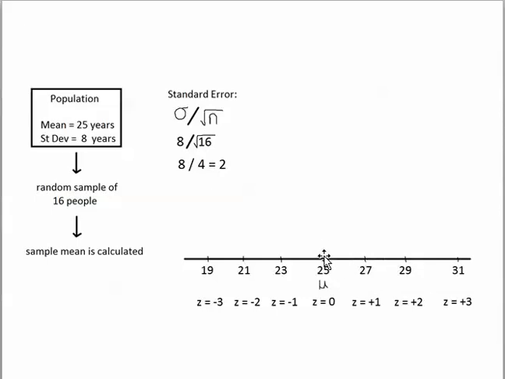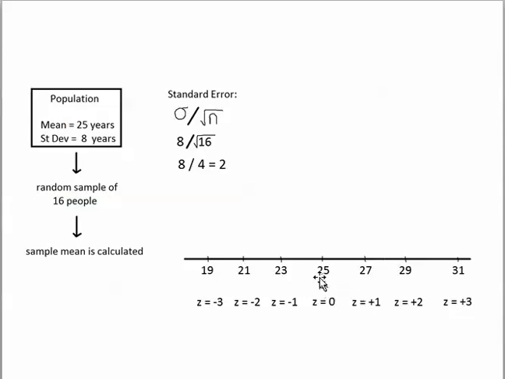If you start at the population mean and jump up one standard error of 2, you get to this first z-score. If you jump up one more standard error and go up by 2 again, you get to 29, which has a z-score of 2. And if you go up one more standard error and go up to 31, you get to the z-score of +3.